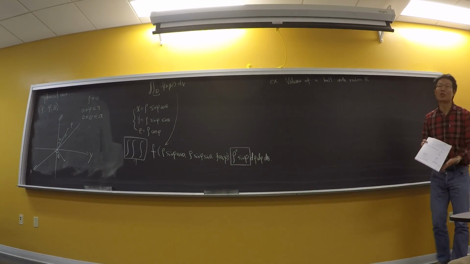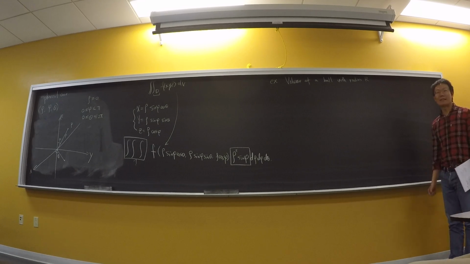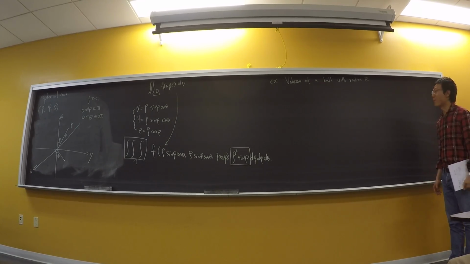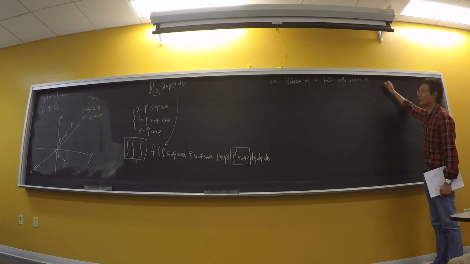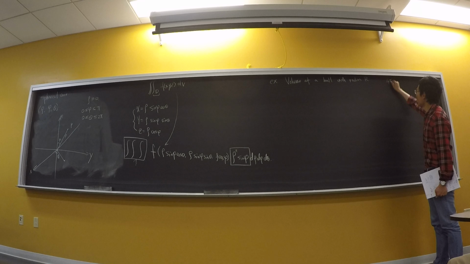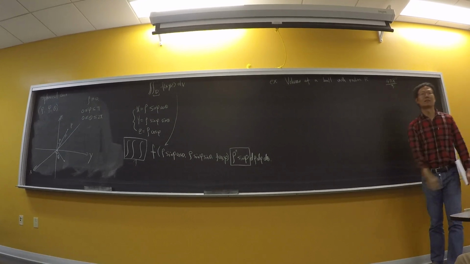We actually did it again in triple integral involving a z simple region. You can also put it into a cylindrical coordinate system. And we know the answer already: the volume of the ball is equal to 4 pi r cubed divided by 3.